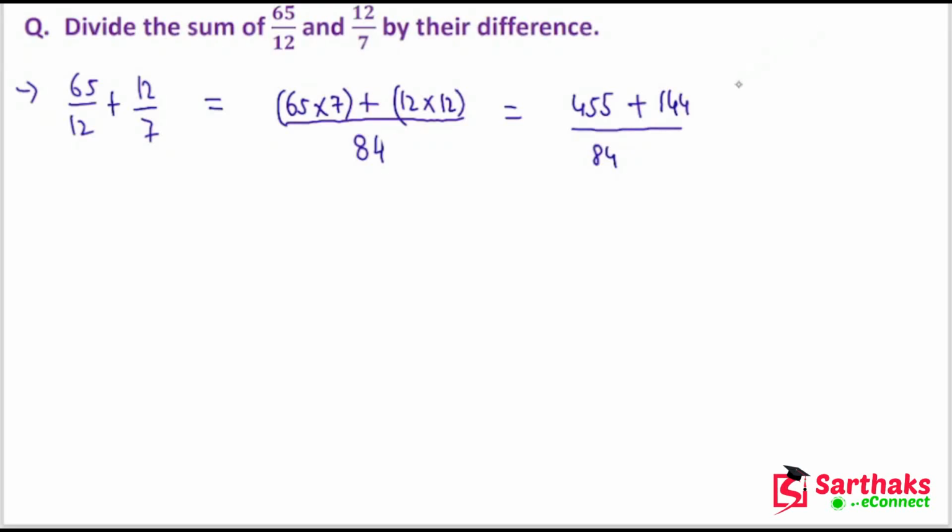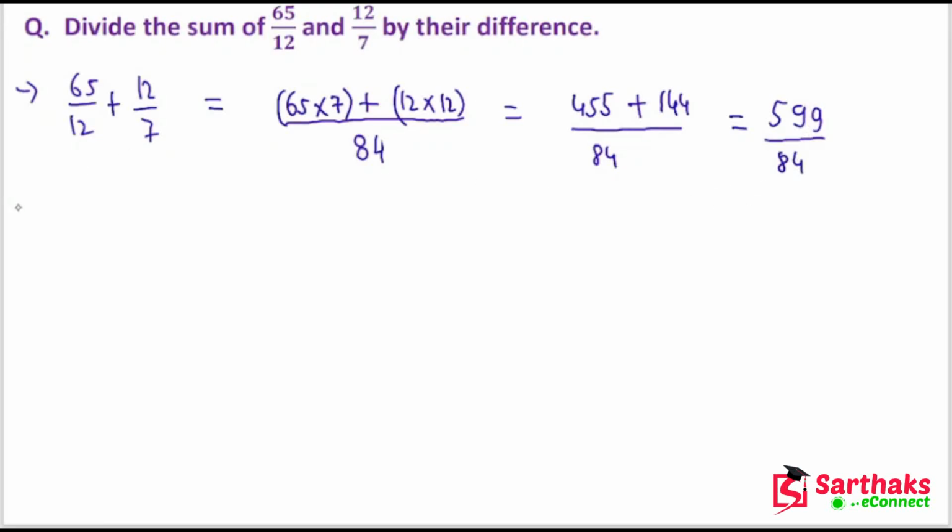So we should add the numerators now. So 144 plus 455 would be equal to 599 whole upon 84. So this was the sum.